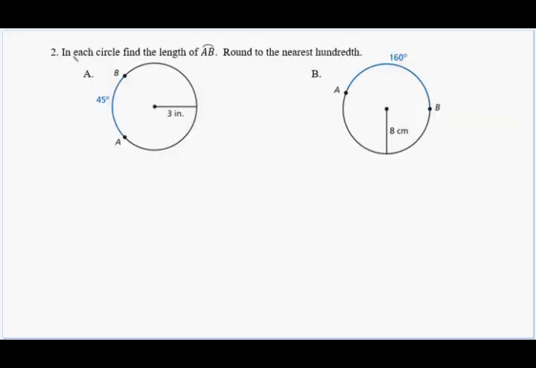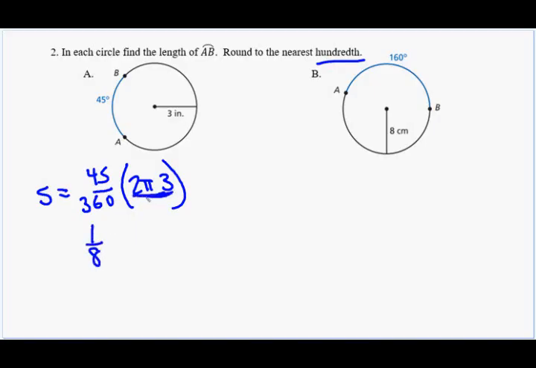All right, number 2, we've got A, B, C. Find the length of arc AB to the nearest hundredth. So our arc here is 45 out of the full 360, 2 times pi times radius 3. So 45 out of 360, that actually reduces to an eighth. An eighth of 6 pi would be 3/4 pi, or as a decimal, about 2.36. Our units are inches.